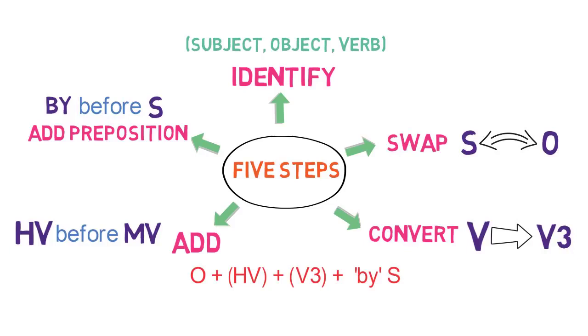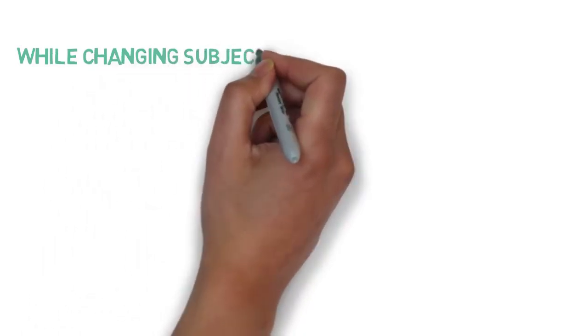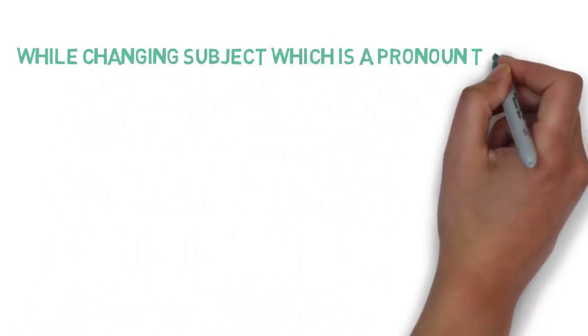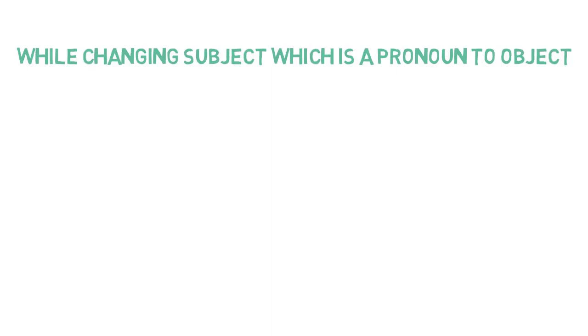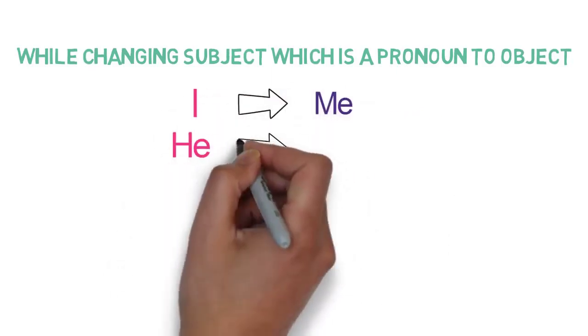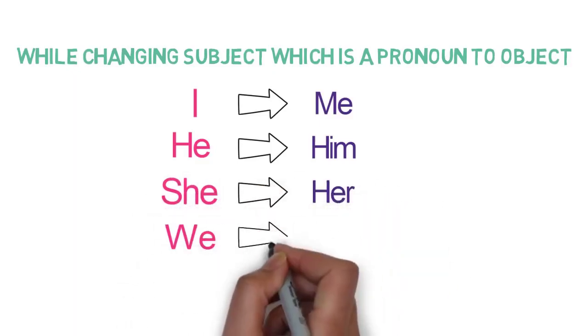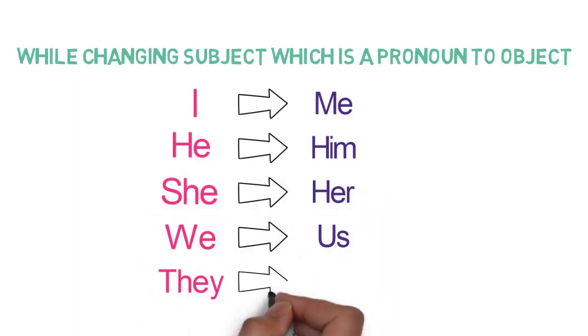There are 2 important things that need to be remembered here. Firstly, when replacing the subject with the object, if the subject is a pronoun, then conversion will be like this. I will become me, he will become him, she will become her, we becomes us, and they becomes them.